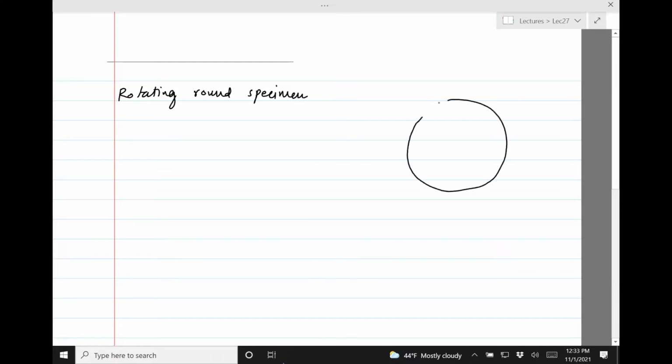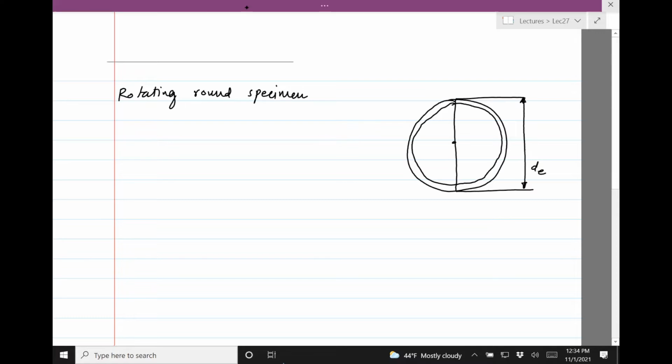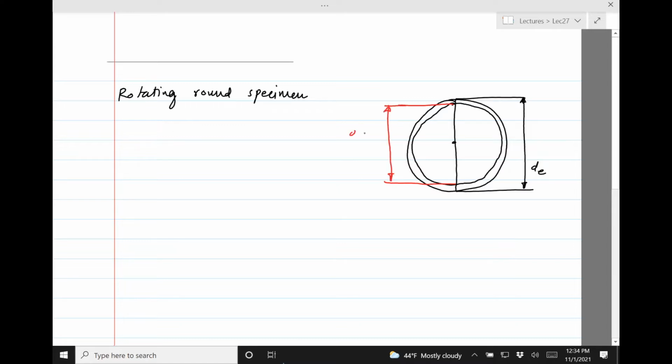So the round specimen, okay, so this is a perfectly solid specimen, just that I'm drawing two diameters. One is the outer diameter, which is DE, and then the inner diameter, which is 0.95 DE.